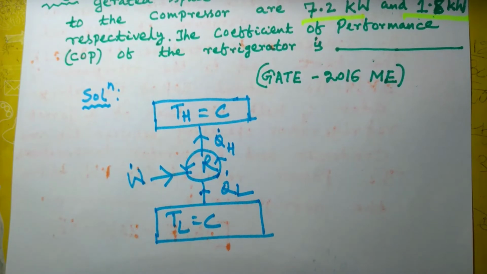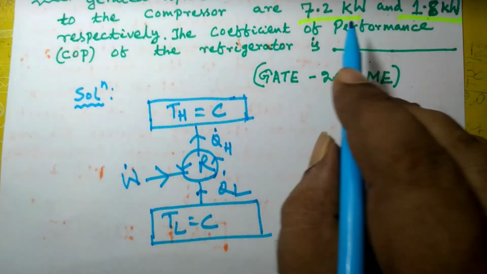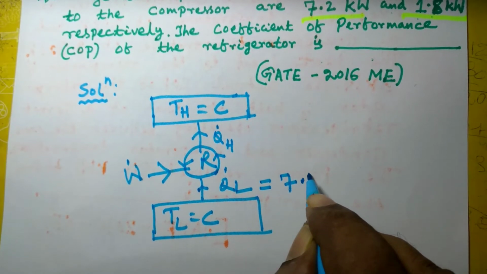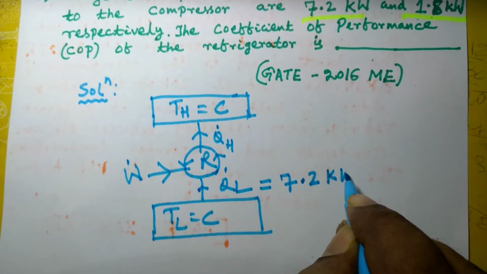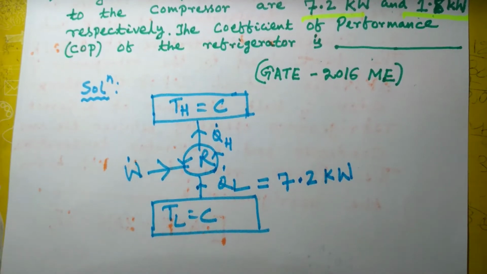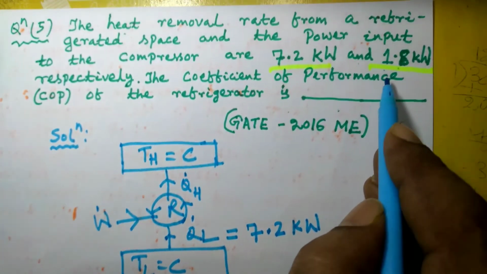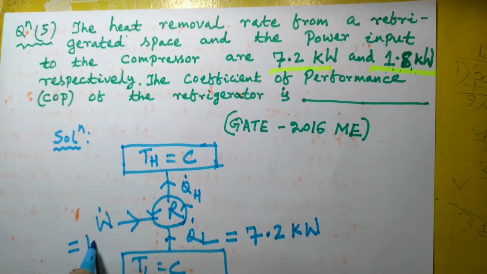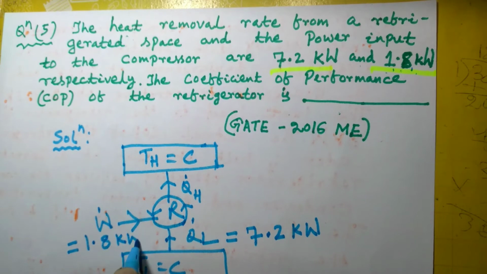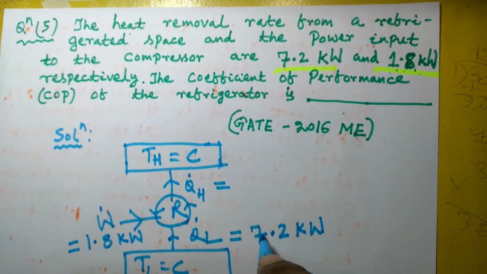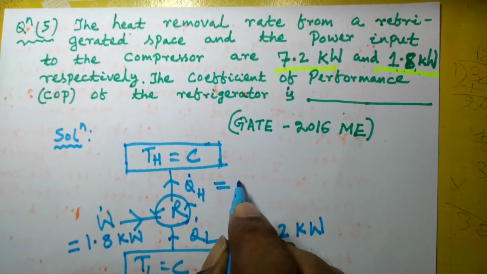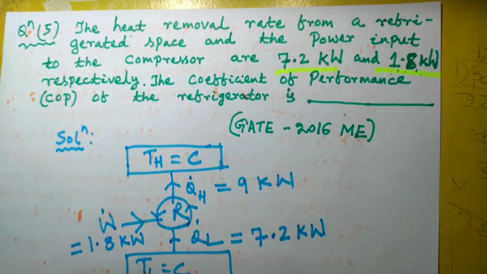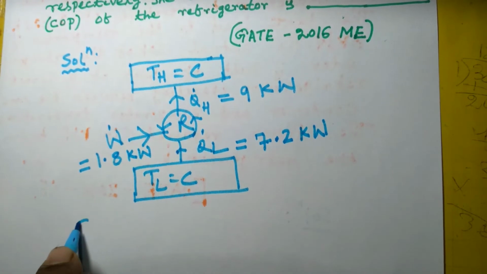The heat removal rate from the refrigerated space, Q dot L, is given as 7.2 kilowatt, and the work input is given to be 1.8 kilowatt. This W dot is 1.8 kilowatt. Obviously, this Q dot H will be 7.2 plus 1.8, that is 9 kilowatt, but we have nothing to do with this. So now we will calculate the COP.